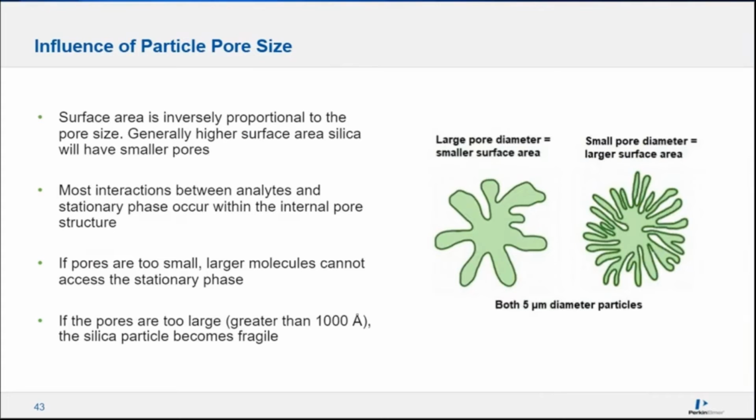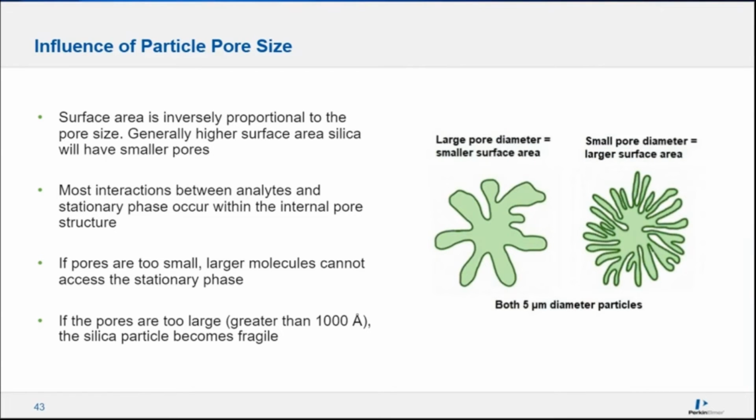So what is the influence of pore size on a given separation? First of all, surface area is inversely proportional to pore size. So generally, higher surface area silica will have smaller pores. Most interactions occur between the analytes and the stationary phase within the internal pore structure.